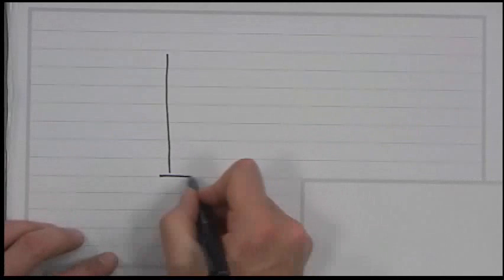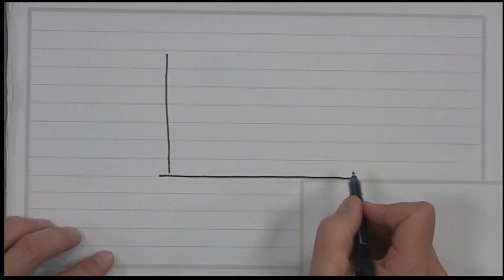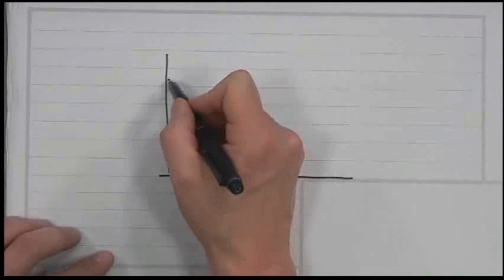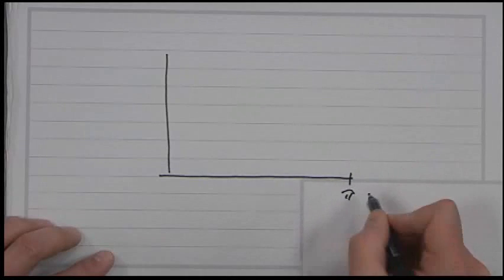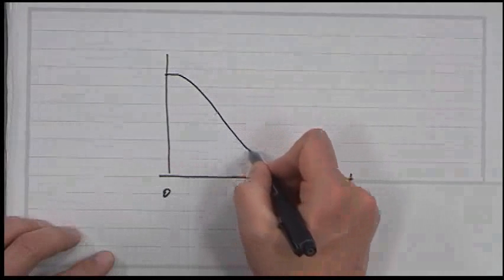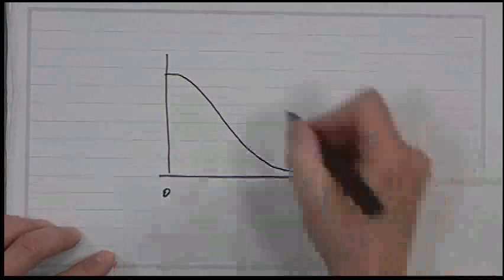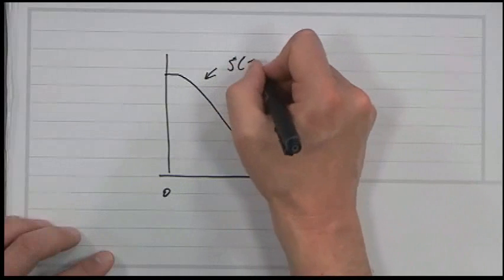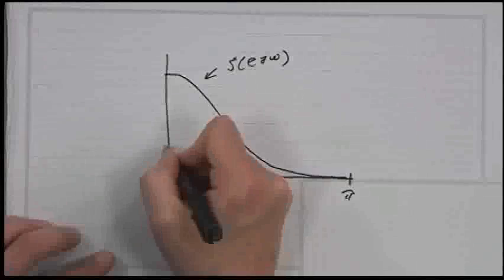So what happens is you get a rate distortion that looks like this. If you have some power spectrum, this is pi, this is 0, and this is the power spectrum, S(e^{jω}), and this is delta.